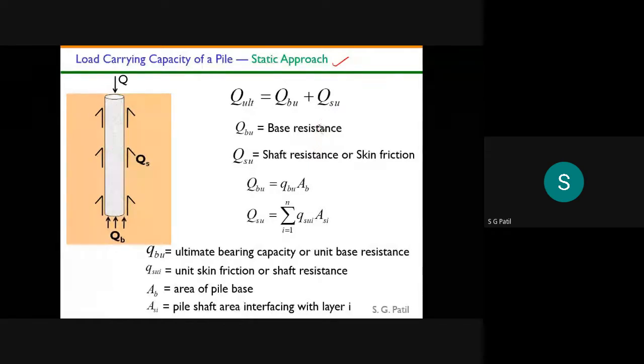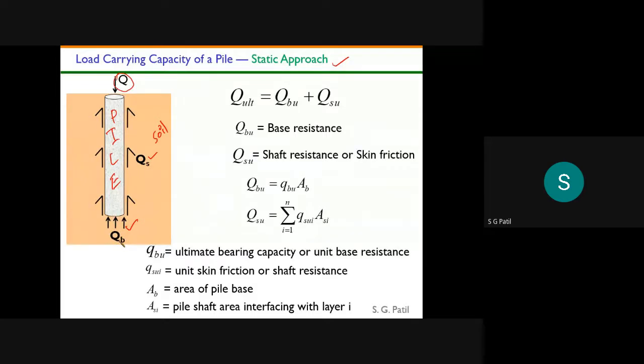So what is the static approach? See, this is the pile, and this is the surrounding soil. Once you install this pile, whatever load is coming on the pile will be shared between shaft resistance and tip resistance or base resistance. The shaft resistance is called QS, and the base resistance is called QB.